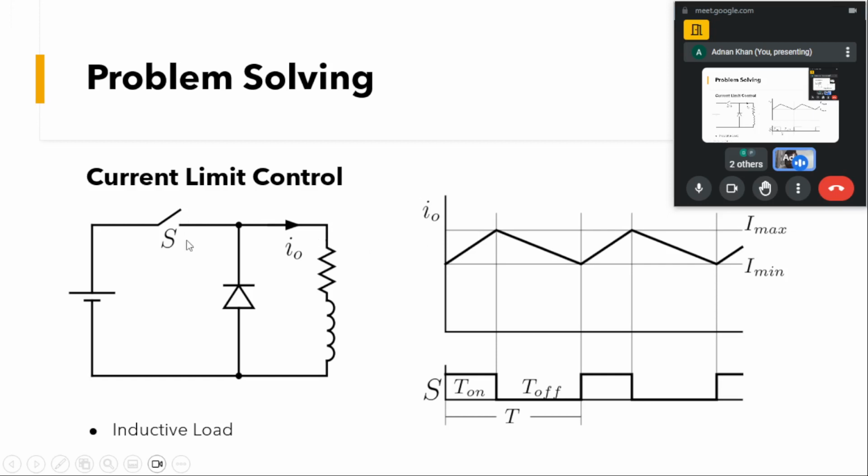When this switch is on, this voltage will reverse bias this diode, and the voltage will come across this inductor. We know the current through the inductor cannot change instantaneously. From the equation v equals L di by dt, if the current changed instantly, we would have a very high voltage, which is not possible.